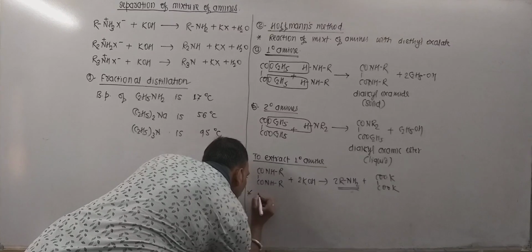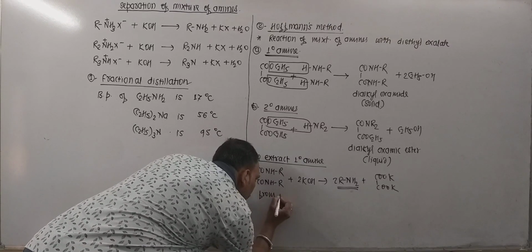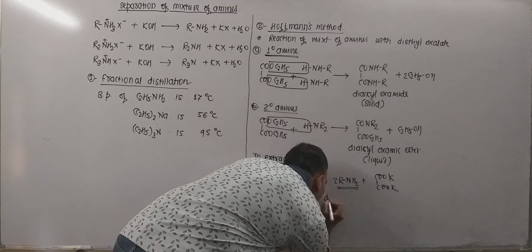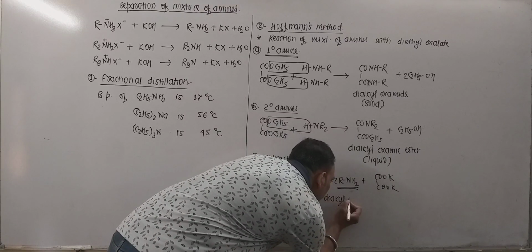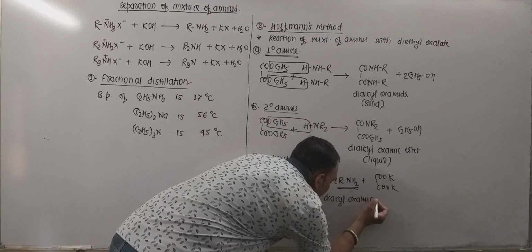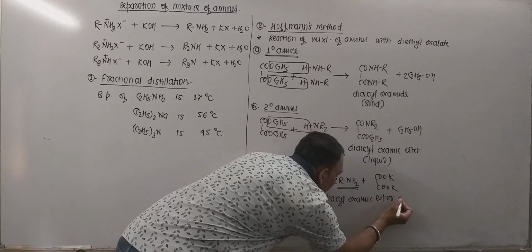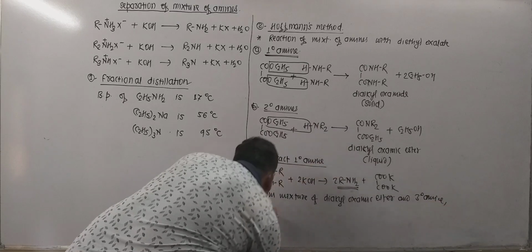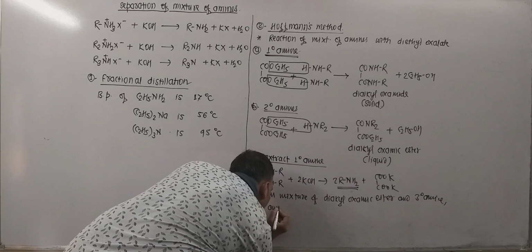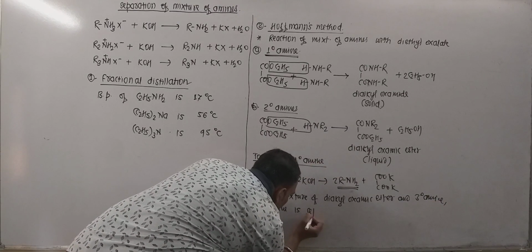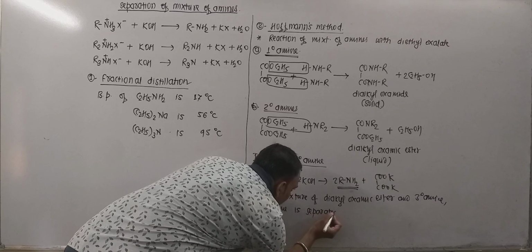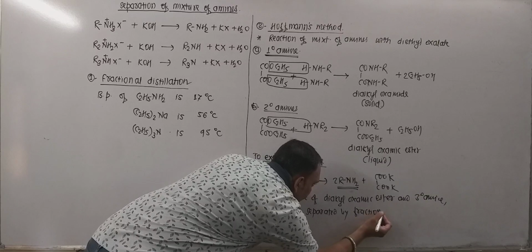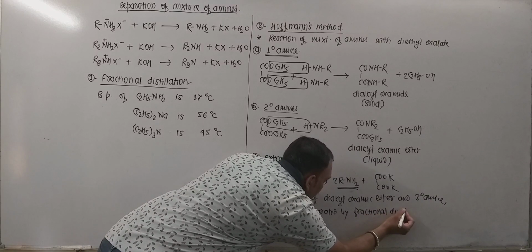So from the mixture of dialkyl oxamic ester and tertiary amine, the tertiary amine is separated by fractional distillation.